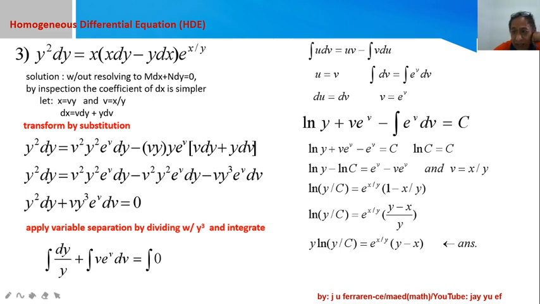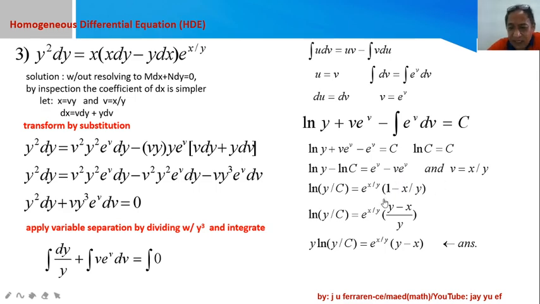So taking to the right, this is exponential v minus this term. And then I can restore my variable. After factoring out my exponential v here and replacing v with x over y, I have 1 minus v, and v is x over y.